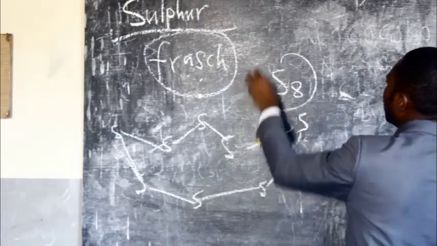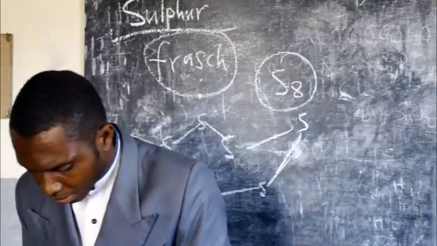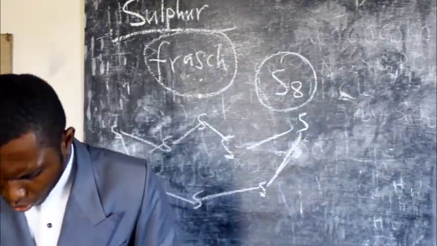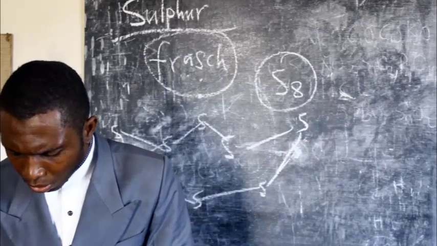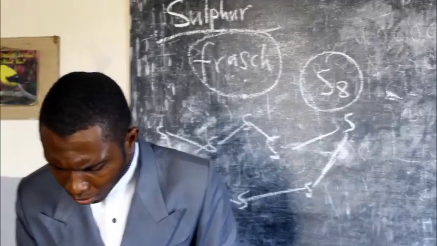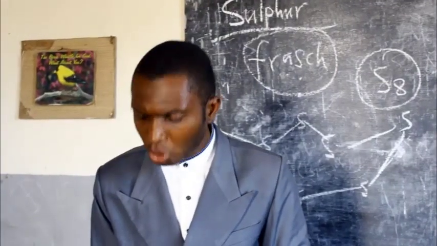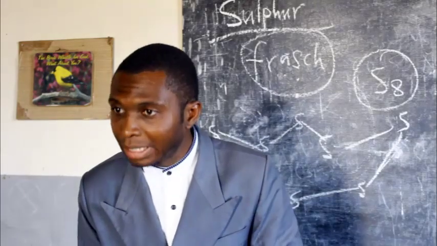Each sulfur molecule has 8 atoms. Rhombic sulfur has brilliant yellow color, while monoclinic sulfur is amber in color. The shape of rhombic sulfur is octahedral. Monoclinic sulfur is needle shape.